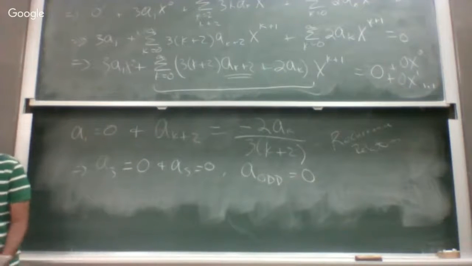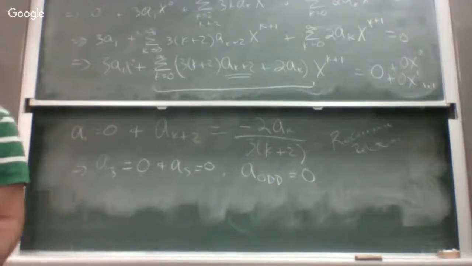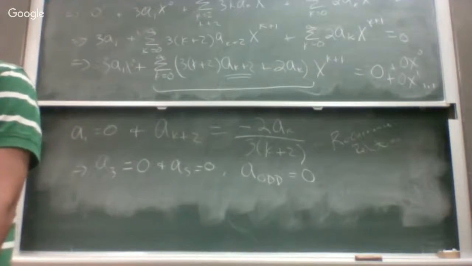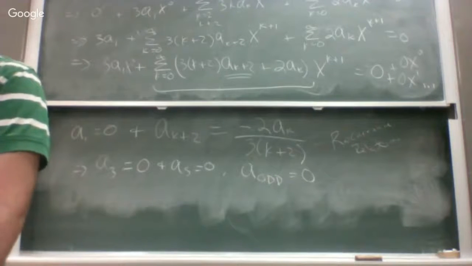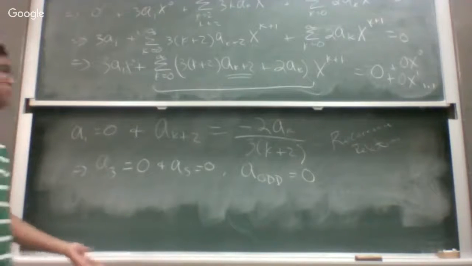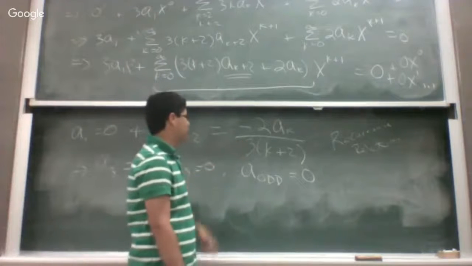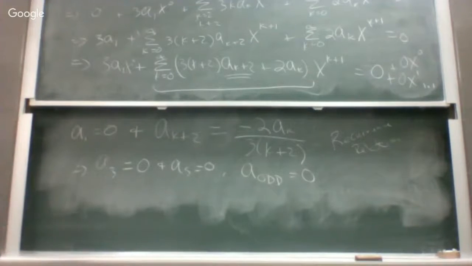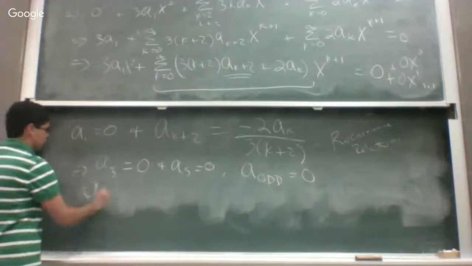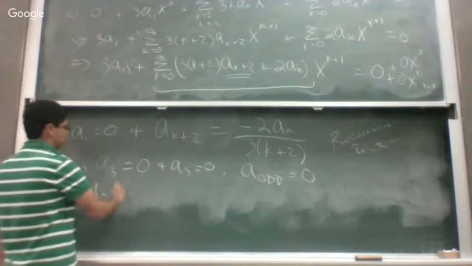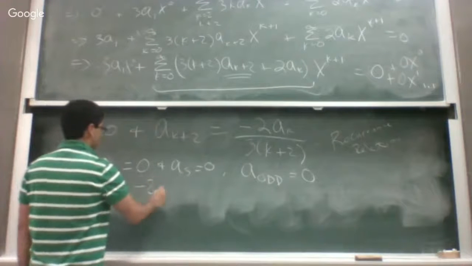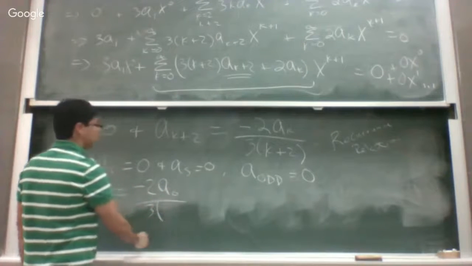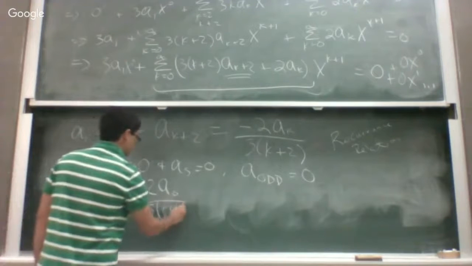Then on your test, you may have to find, say, a sub 2, a sub 3, a sub 4. And that just involves substituting the parts in to find that. So if we were to find a sub 2, it's not asking us, but we'd have minus 2 times a sub 0 divided by 3 times 0 plus 2.